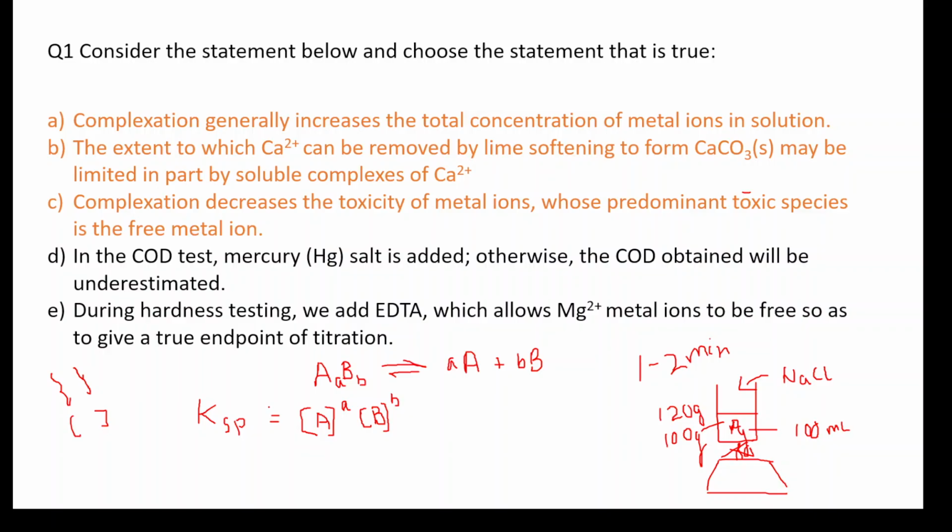The important point is that KSP for a particular salt is constant at a standard temperature and pressure. As I was saying, for this example, let's say KSP was 100 grams per 100 ml at a particular temperature and pressure. If we change the pressure and temperature, the KSP will change.